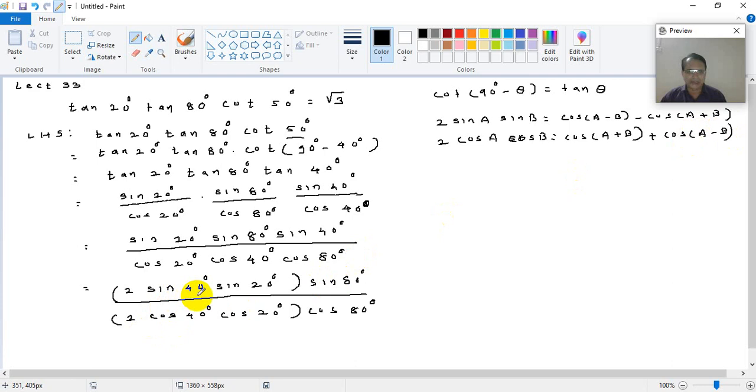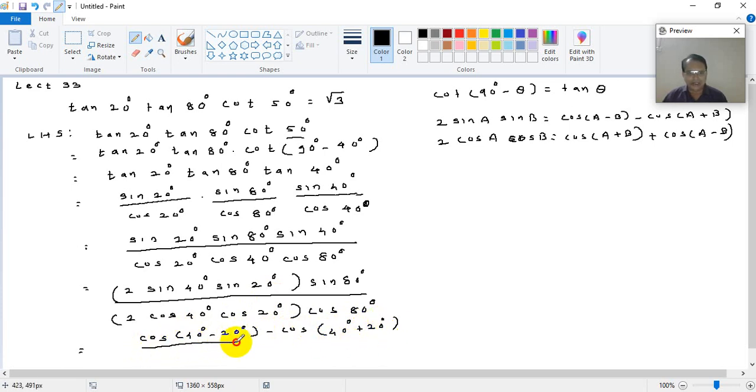Now if I use it here, instead of A and B we have 40 and 20. So what will this numerator be? Cos of A minus B, where A is 40 and B is 20, so it will be cos of 20, 40 minus 20. If we want we can write it as cos of 40 degrees minus 20 degrees, that is cos of A minus B, minus cos of 40 degrees plus 20 degrees. So now we are in a known land because this is cos 60.